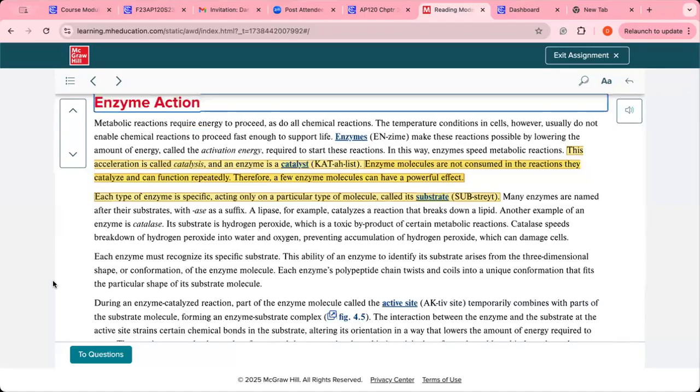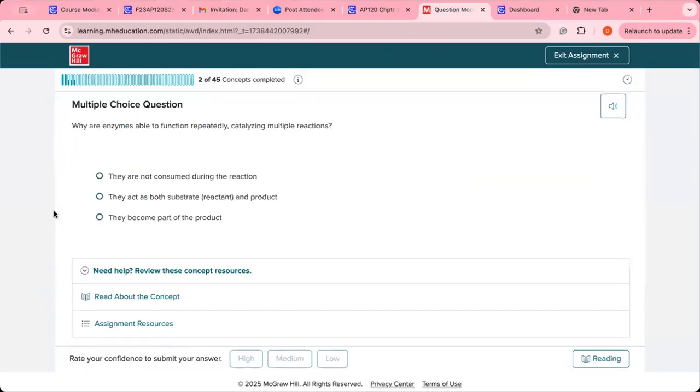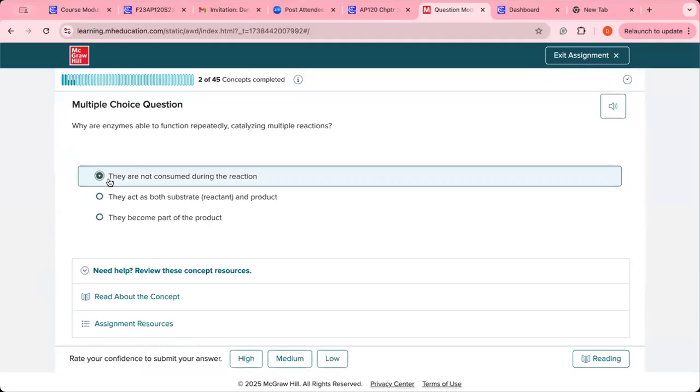So they don't get used up, remember? Enzymes can function repeatedly because they don't get used up in their reactions. So go to the question. They are not consumed during.